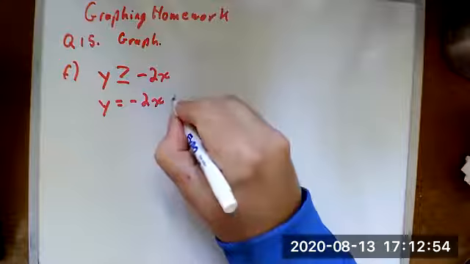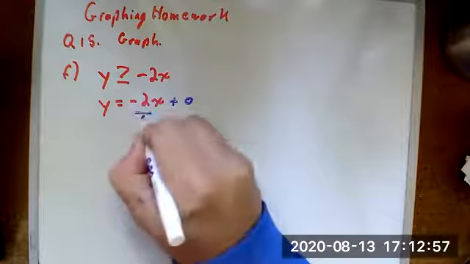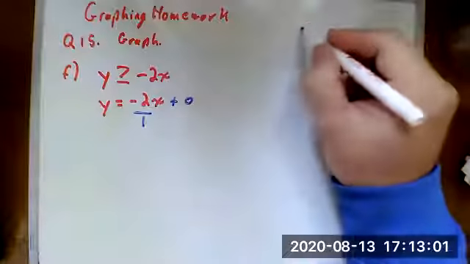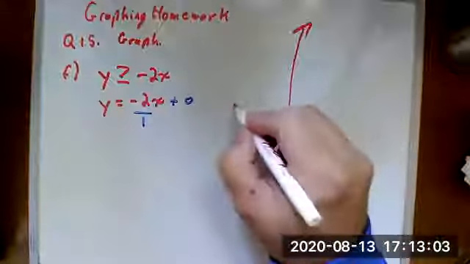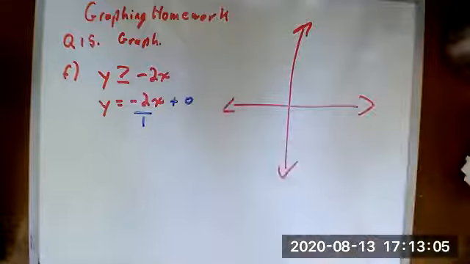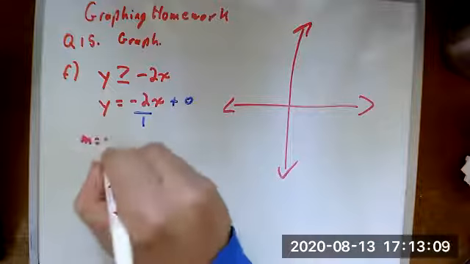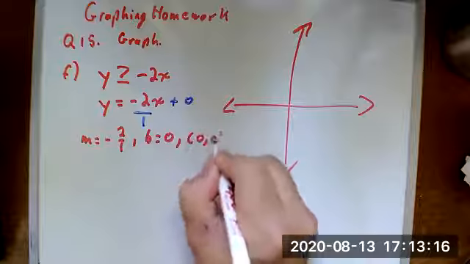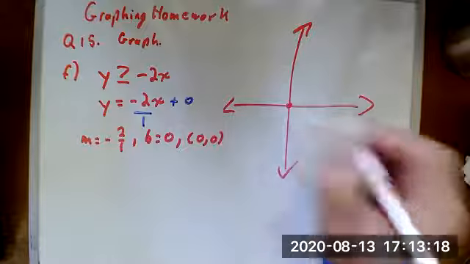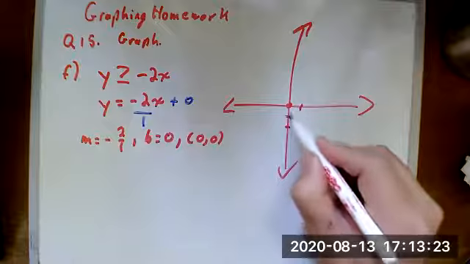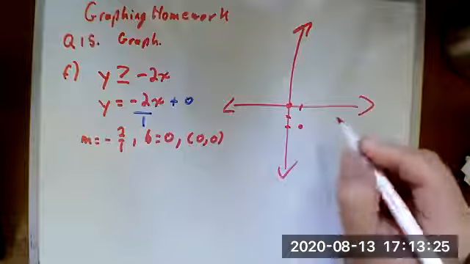Just add a couple of things. We're still at 0. Treat this as over 1. My slope is negative 2 over 1. My intercept is at 0, which is to say the point (0, 0). So we start at (0, 0). I go down 2 and over 1. 1, 2, 1. There's my point.